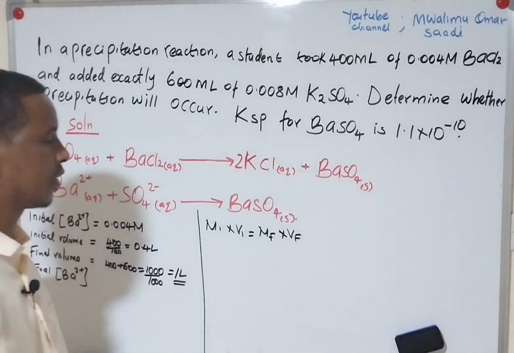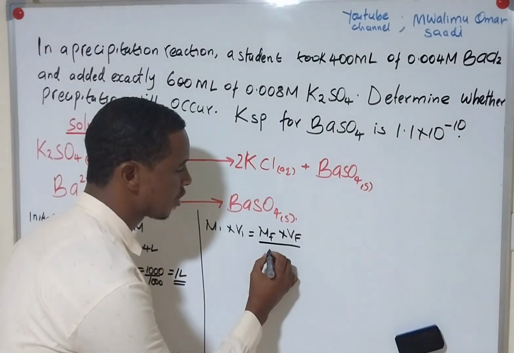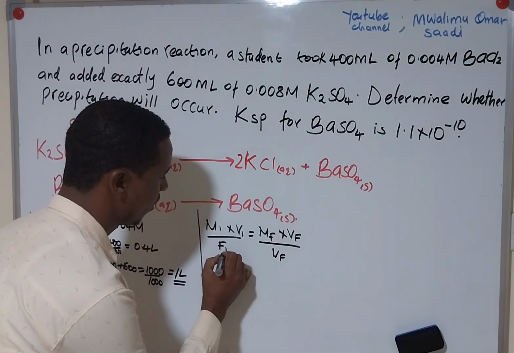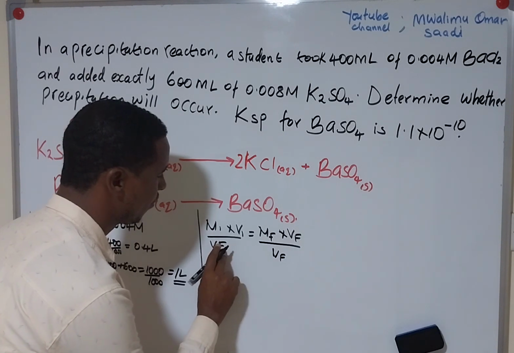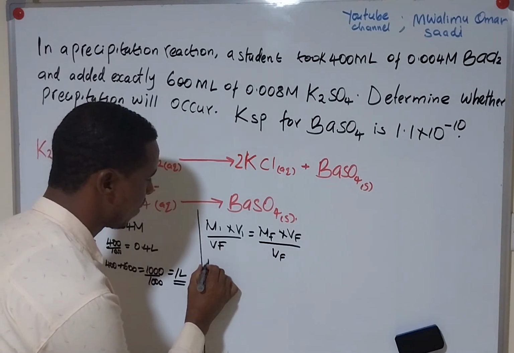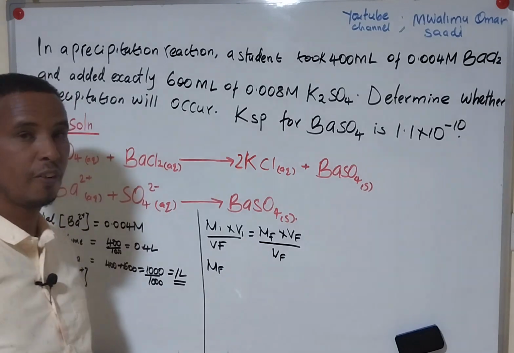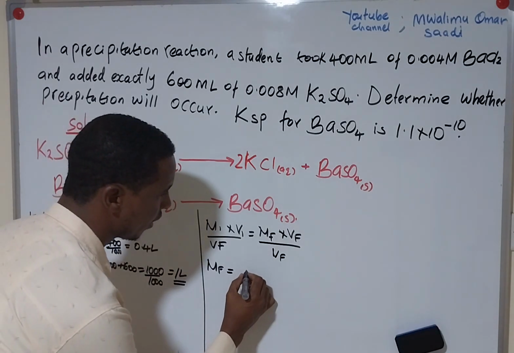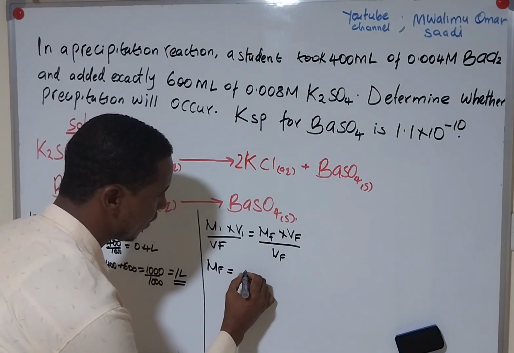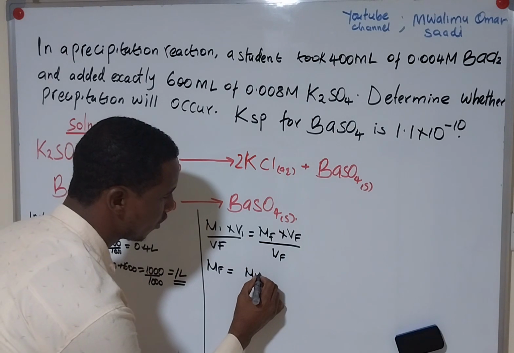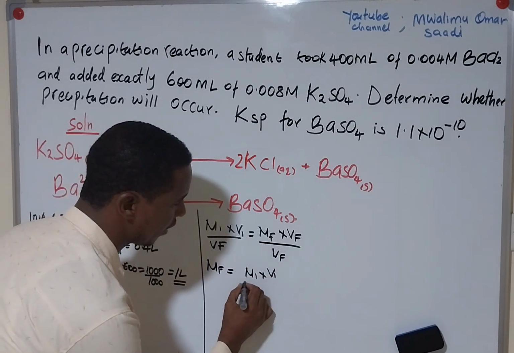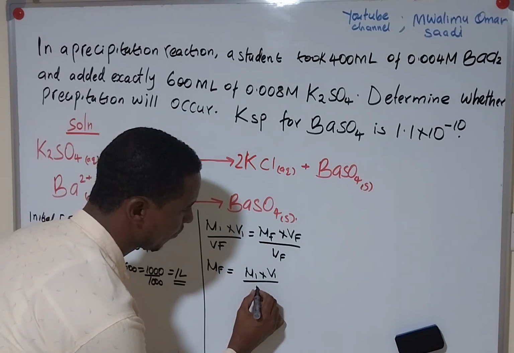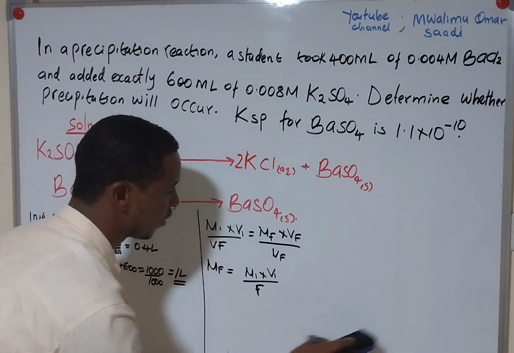So the final concentration of barium ion is equal to the initial concentration times initial volume all over final volume.